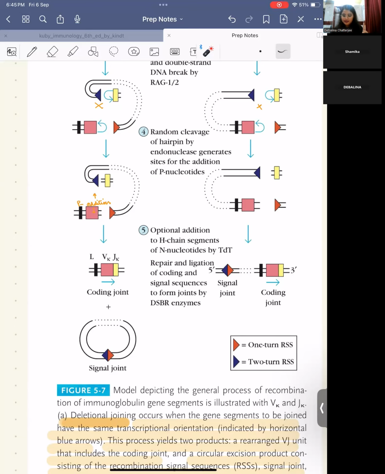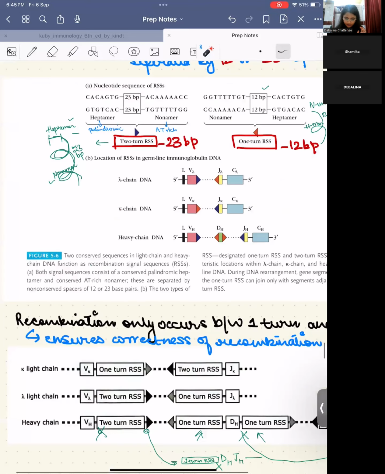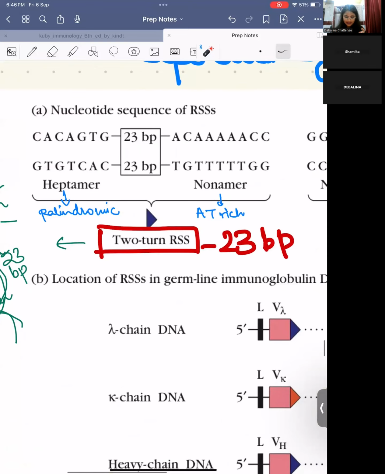That is one mechanism, and that is what we are reading about right now. But we have seven such mechanisms in total, and one of them is this P nucleotide addition, which is possible in both heavy as well as light chain. So what happens if you look at the sequences, this heptamer sequence that we talked about, it's a palindrome.